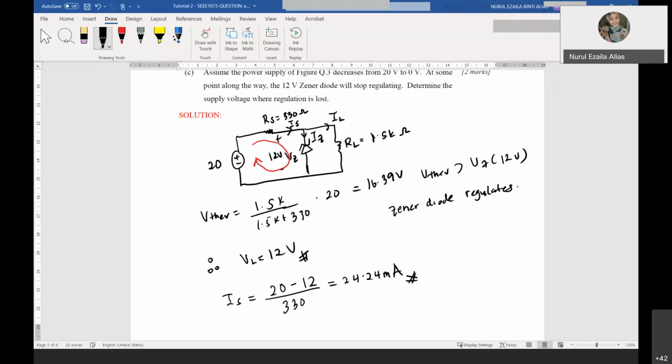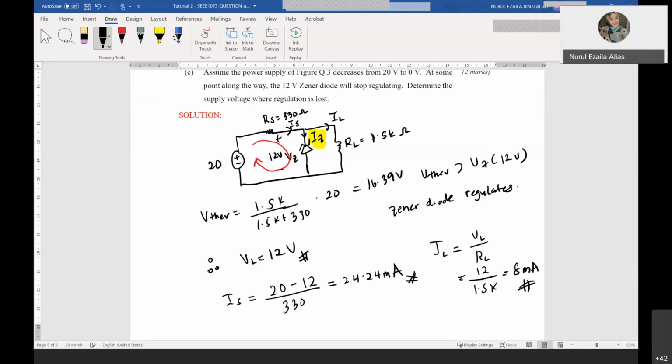How about IL? Your objective is to find this IZ. IL is VL over RL, which is 12 over 1.5K, so you will get 8 milliampere.